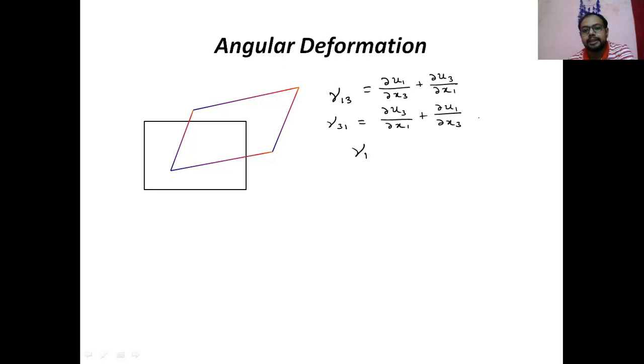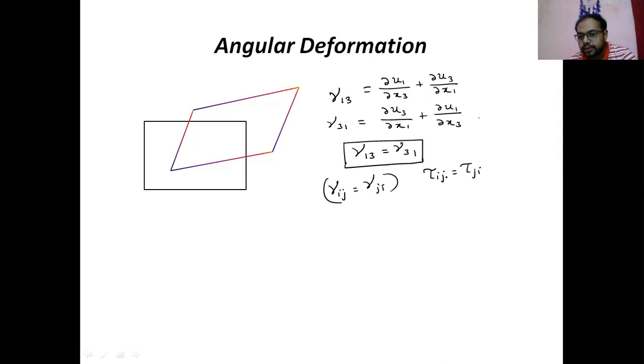You see, these are the same. So the cross shear strain components are also the same. Just like we write tau ij is equal to tau ji for the shear stress component, similarly the strain component will also be the same. That is the concept.